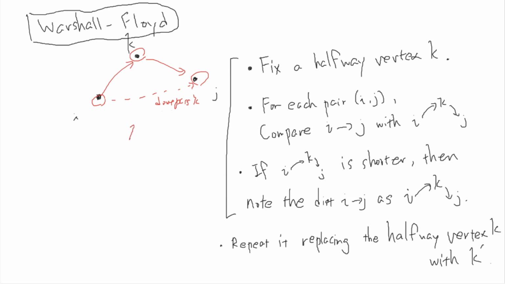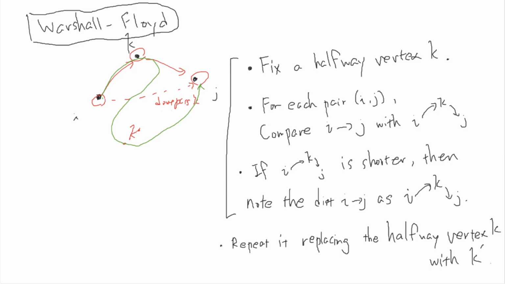So like this, if k prime is here, then we check this i to k to j or i to k to k prime to j. We compare these two, and then choose the minimal one.